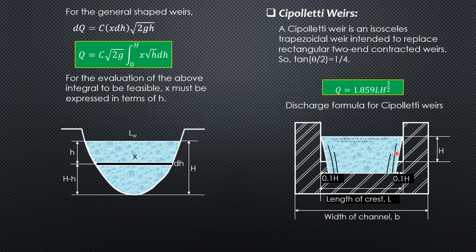When the angle that this side makes with the vertical, tangent theta over 2, is 1/4, then it is a Cipolletti weir. If not, then you just treat that as trapezoidal weir. Then the discharge is Q of a rectangular weir plus these two combined V-notch weir. So that's all for weirs and orifices.